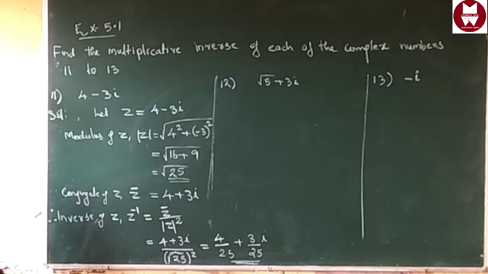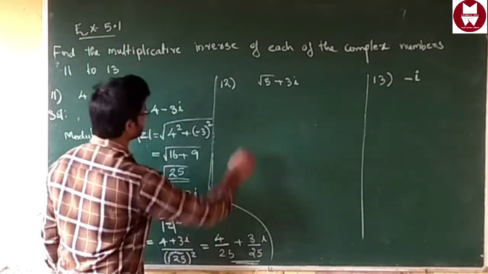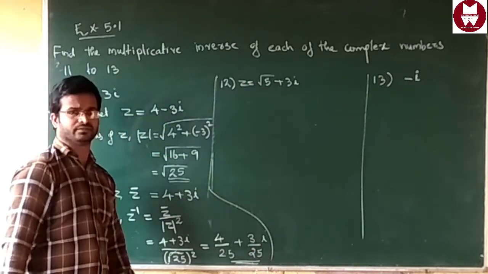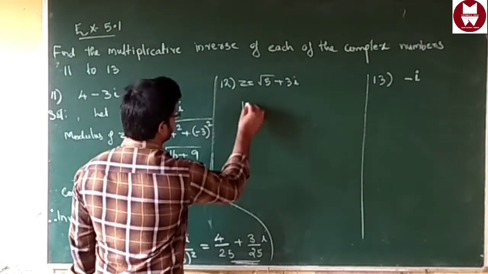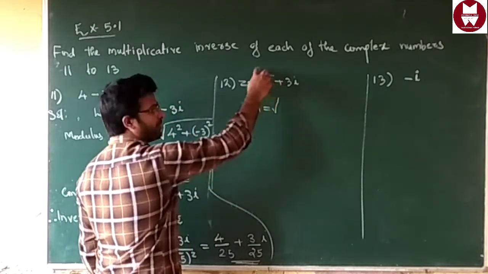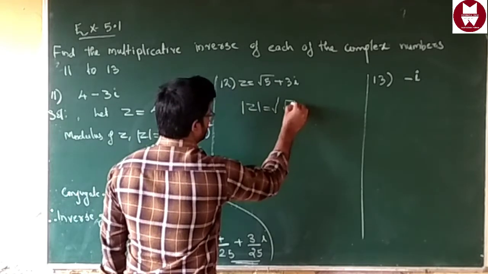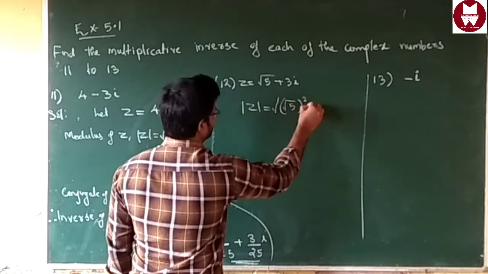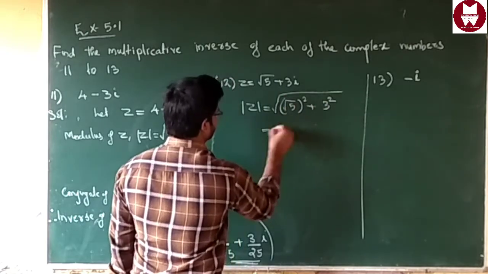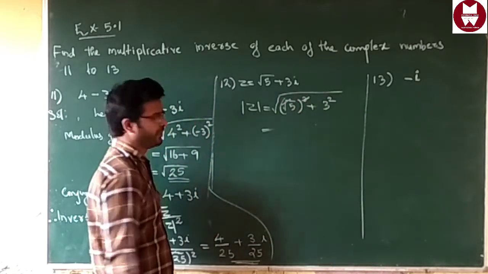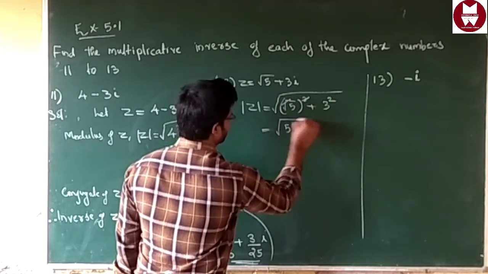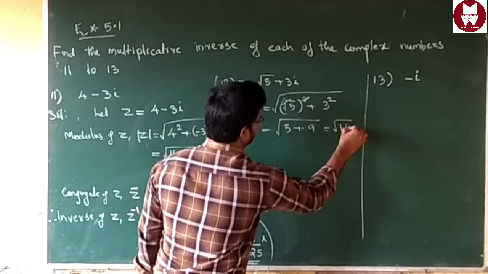Then the second question. Here first we give it a name, z. Then the modulus of z is the square root of the real part squared plus b squared, that is the square root of 5 squared plus 3 squared. So we get the square root of 5 plus 9, equal to the square root of 14.